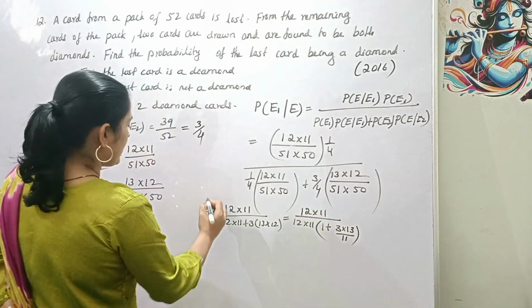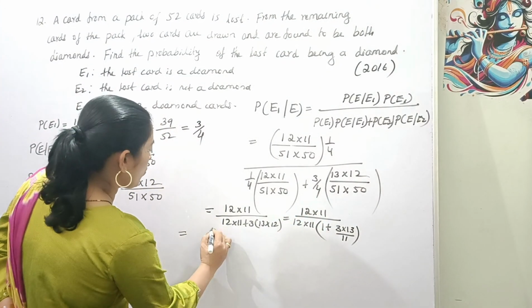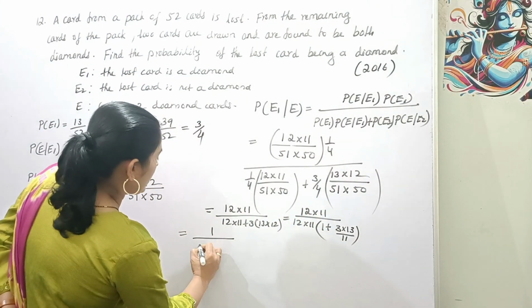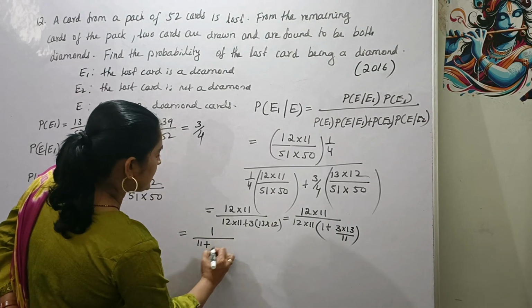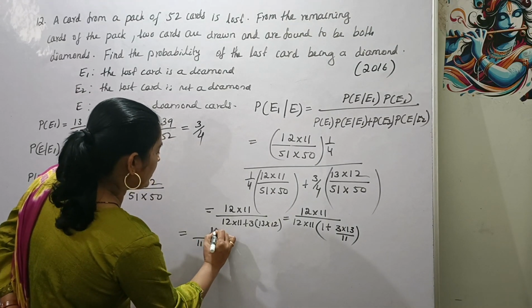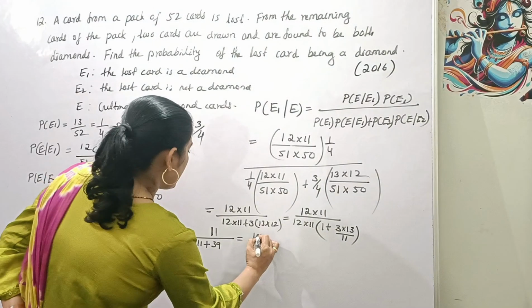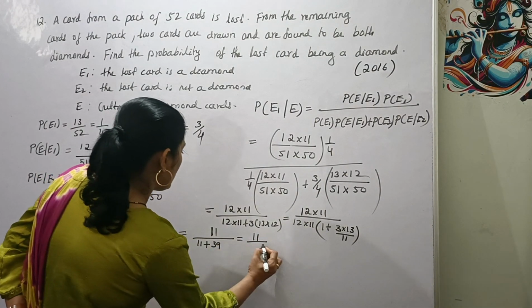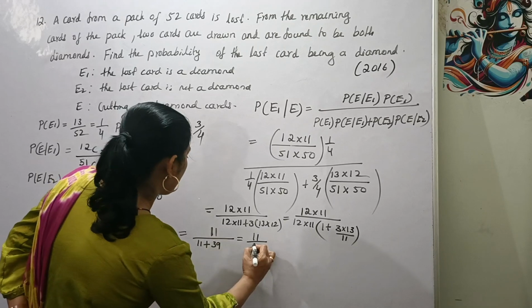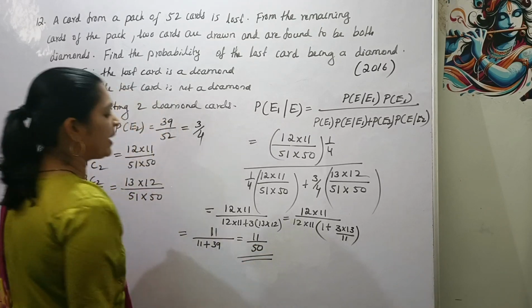So it is cancelled. Now it is equal to 1 divided by 11 plus 39. So 11 divided by 11 plus 39. That is 11 divided by 50. So 11 by 50.